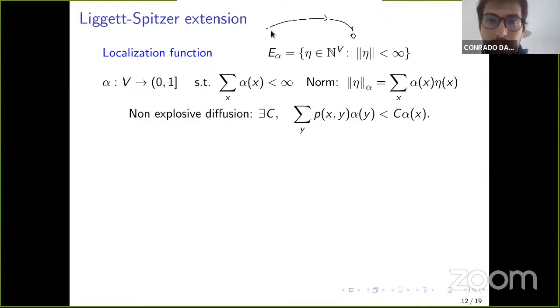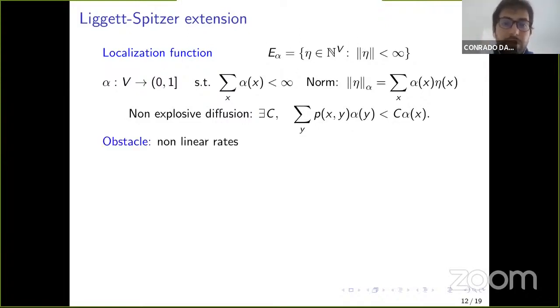So let me call this x. The origin here will be the y. And alpha(y) is 1. So we're bounding the value that we jump from very far away to the origin. So that's the setup that Liggett and Spitzer decide to work in.